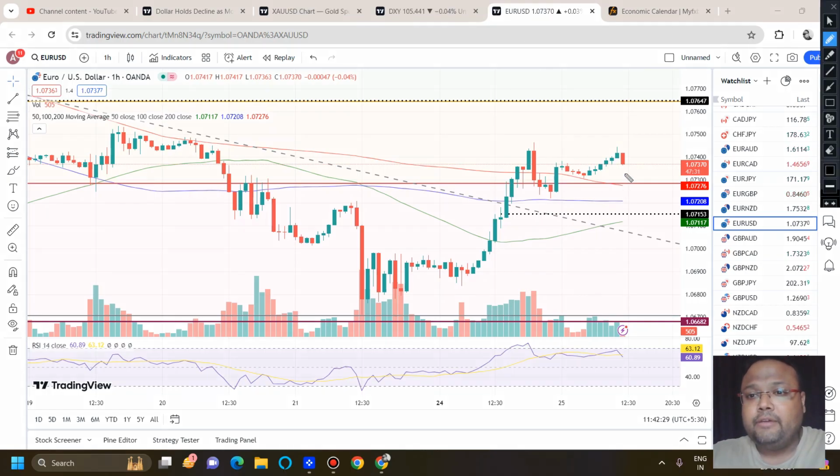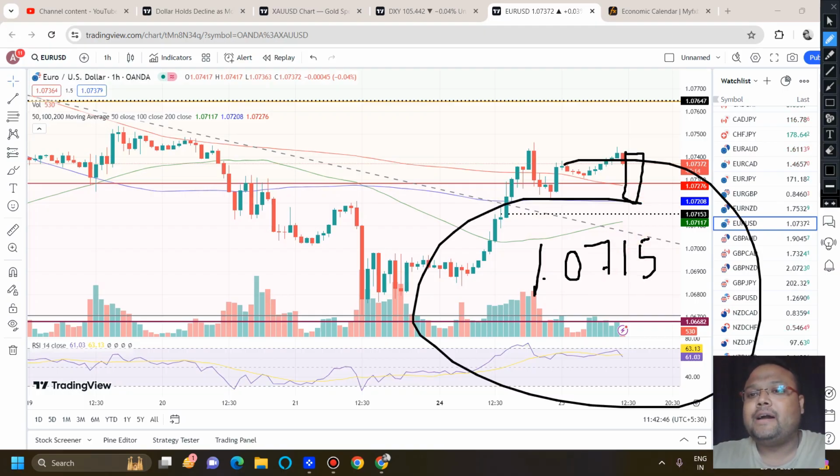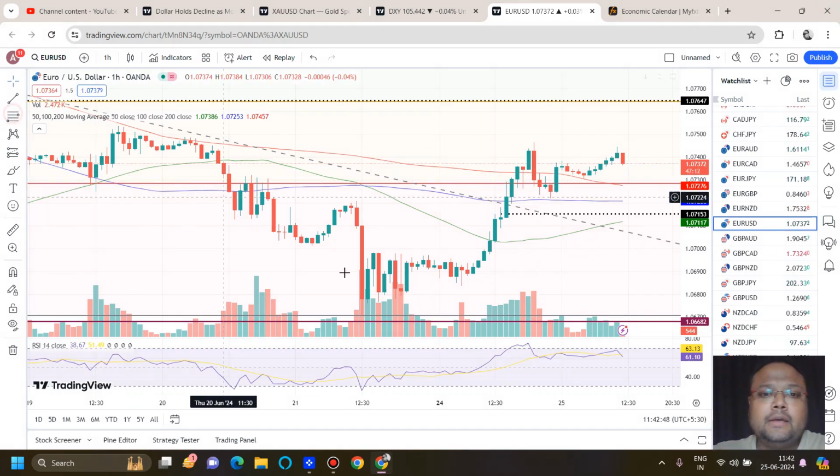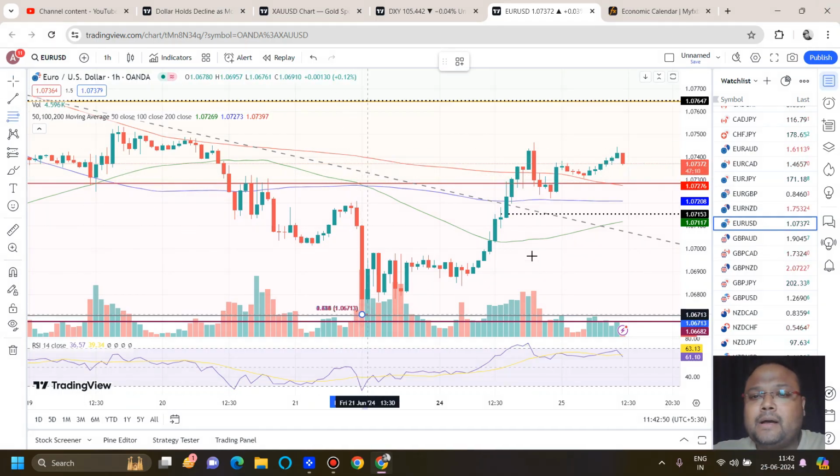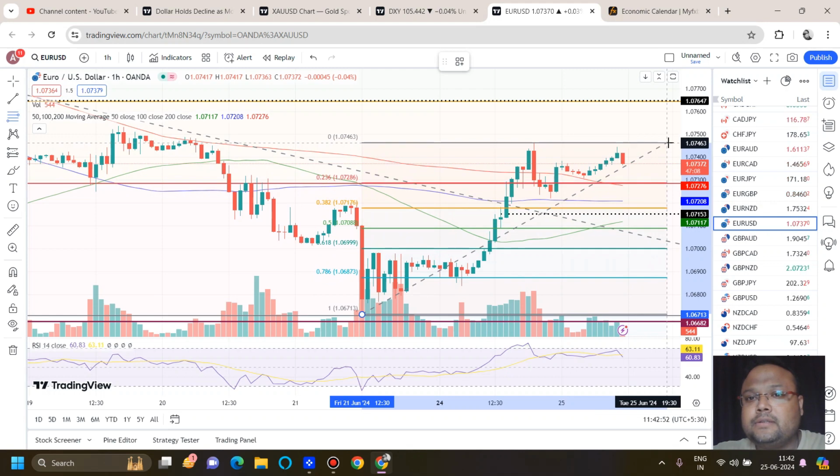On the other hand, if Euro USD drops, observe the volume. If you see a big red candle, then obviously you need to use your common sense and avoid any sort of buying. But if you see small candles, you can look for a buy around 1.0715. This is a level where you can look for a buy, if the market is coming down with small candles.